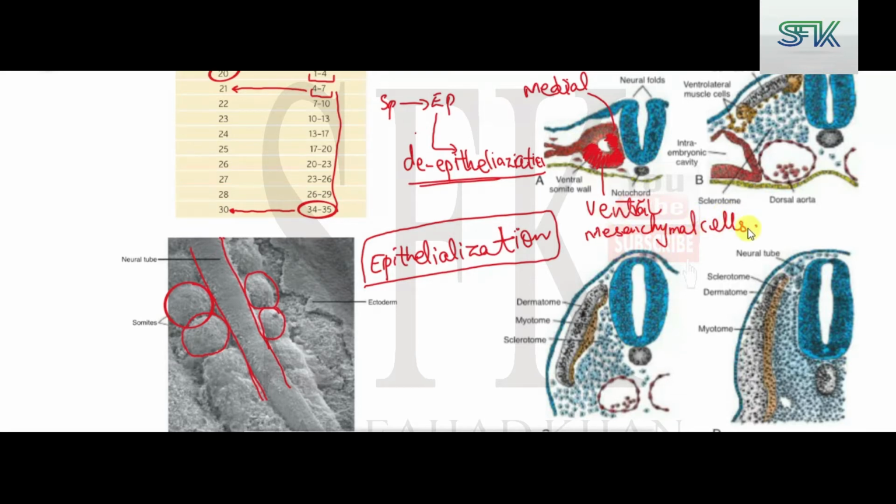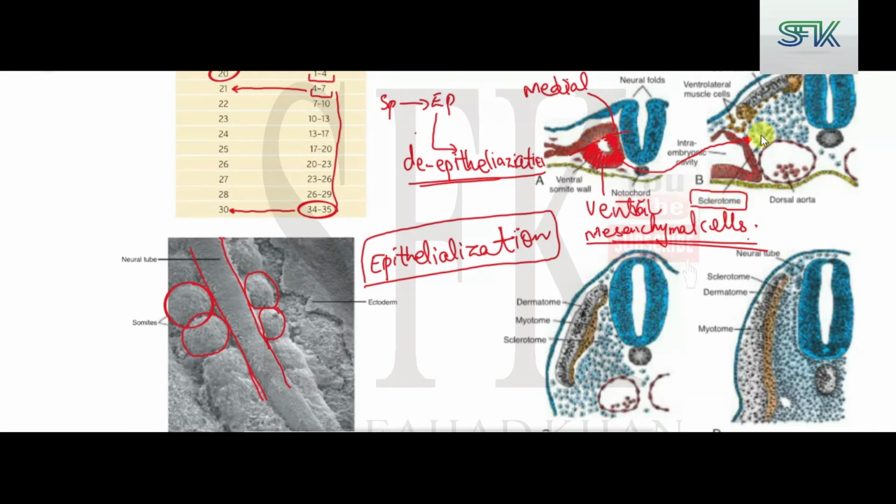Once they form mesenchymal cells, this portion from here till here will break off from the donut ring, and they'll form a new species of cells, one of the components of these somites, known as the sclerotome.